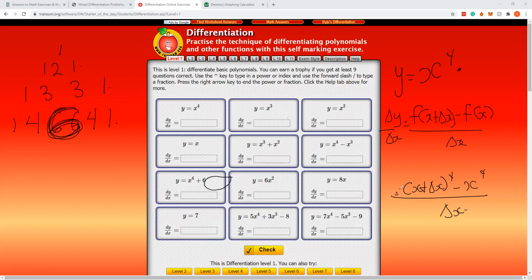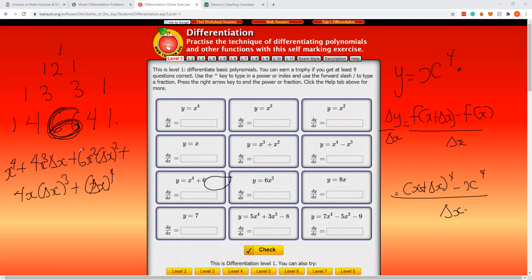So what we have is x to the power 4 plus 4x cubed delta x plus 6x squared delta x squared plus 4x delta x cubed plus delta x to the power 4.